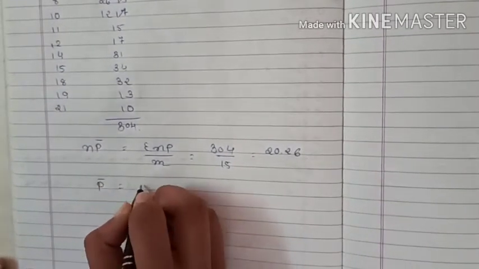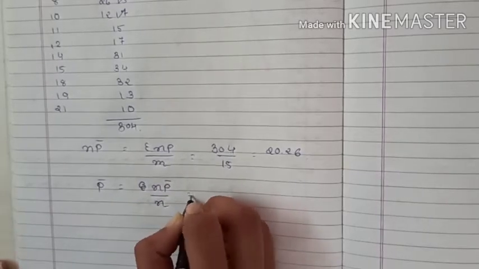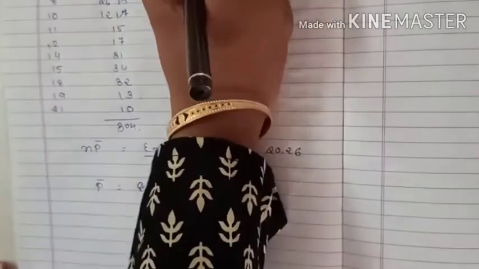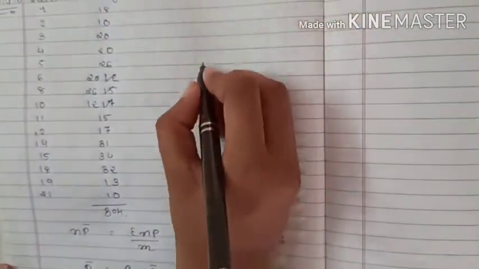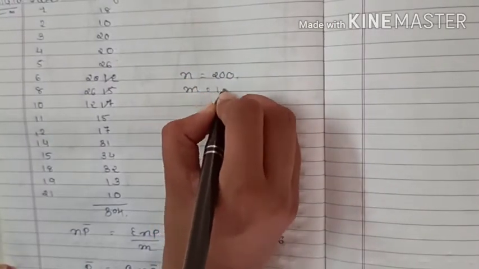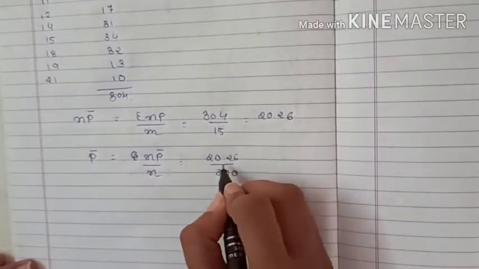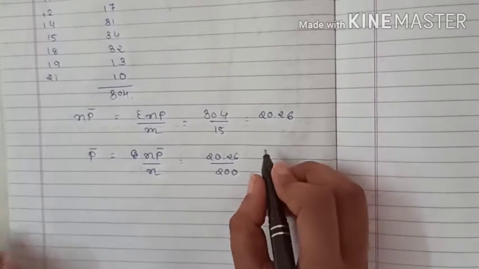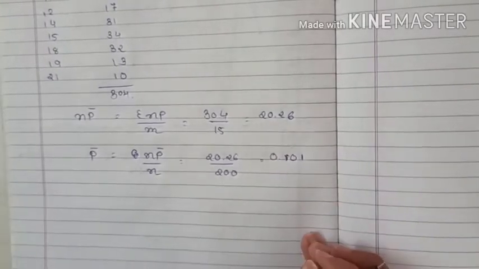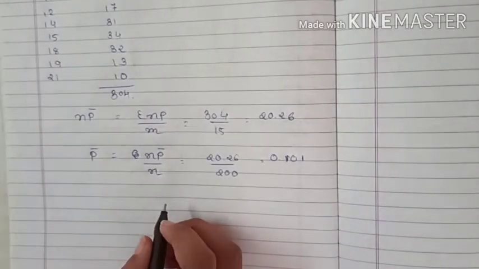P bar is equal to NP bar upon n, so 20.26 upon n, where n is equal to 200 and m is equal to 15. So 20.26 upon 200, it will come 0.101. Right?